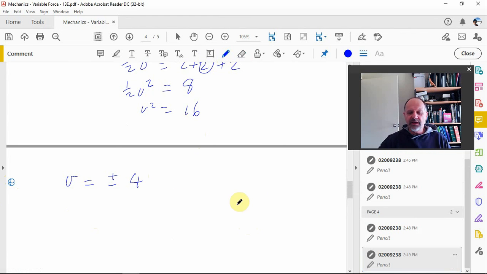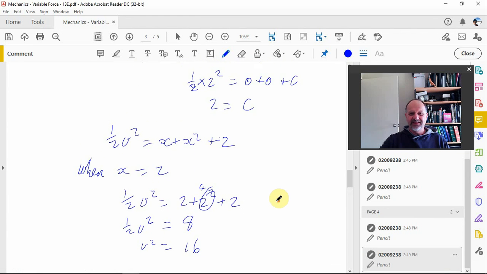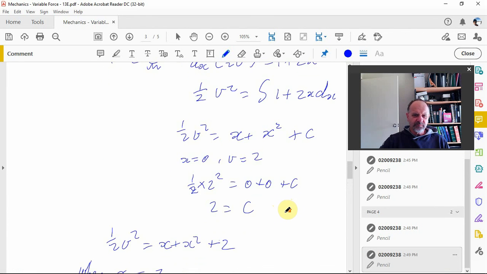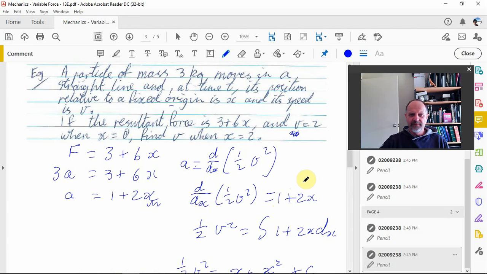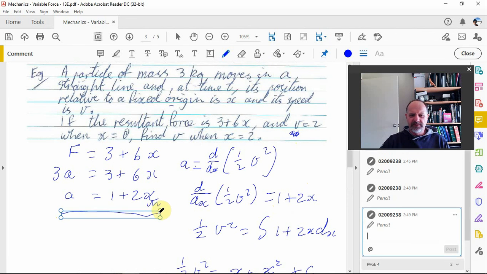Alright, so now we've got to have a look and see what we can do. Here we've got our acceleration, 1 plus 2x, so it depends on x.